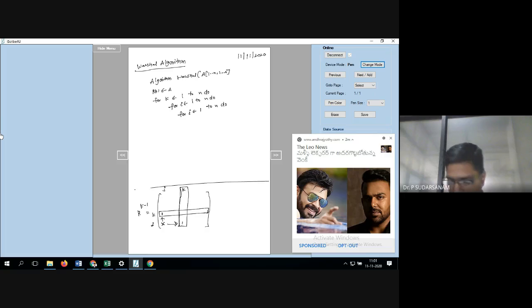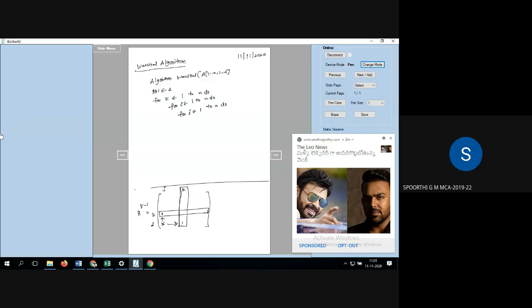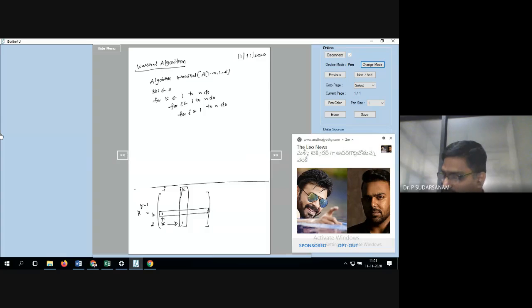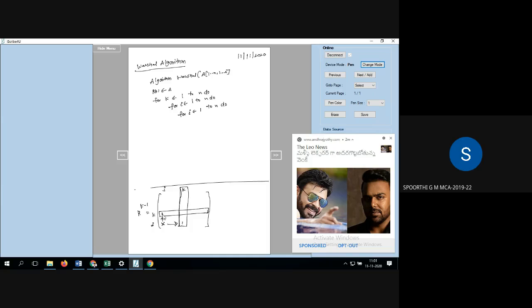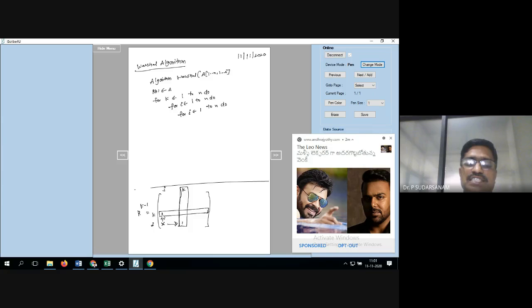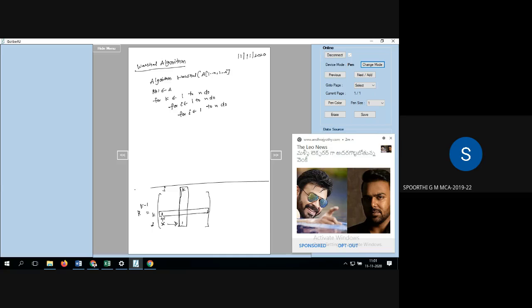Yesterday what you did, Spurti, if both are ones, you multiplied, no? Yes, sir. So now what are the locations for this? Wherever you have 1, this is location 1. Can you see the mouse now? Yes, sir. What is this location now? It is 3, 1, sir.